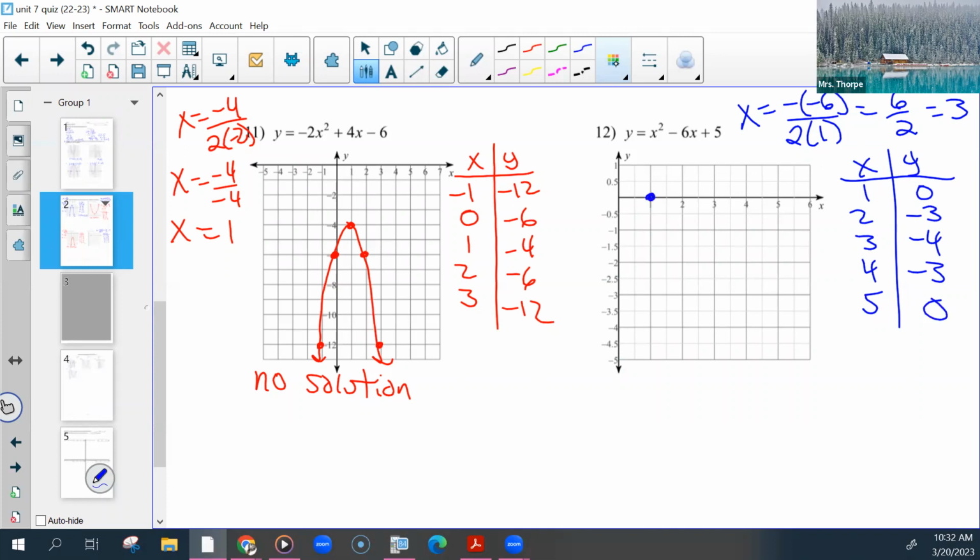So 1, 0, 2, -3, 3, -4, and then repeat. And here, because it crosses the x-axis, you have two solutions.